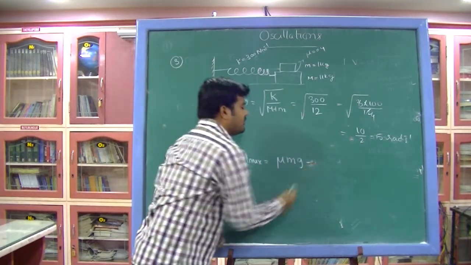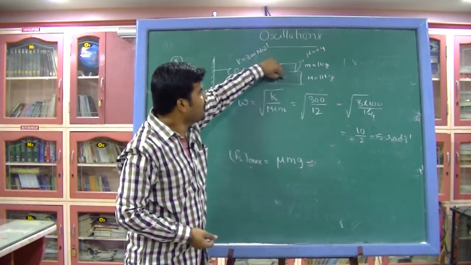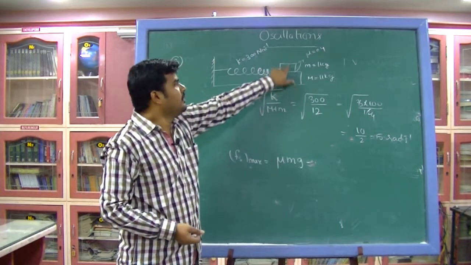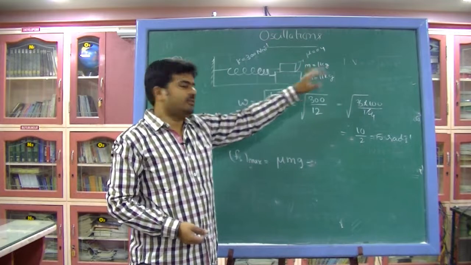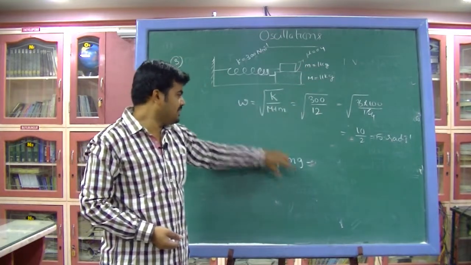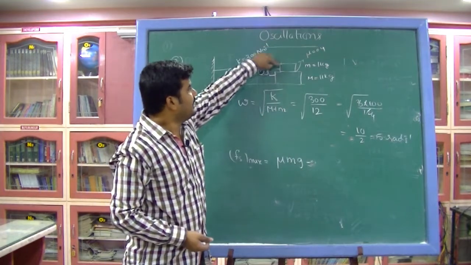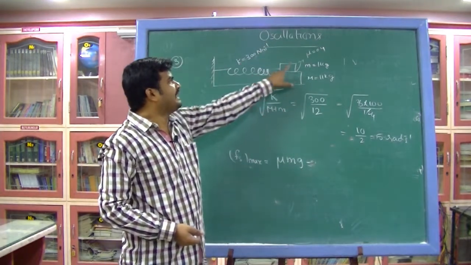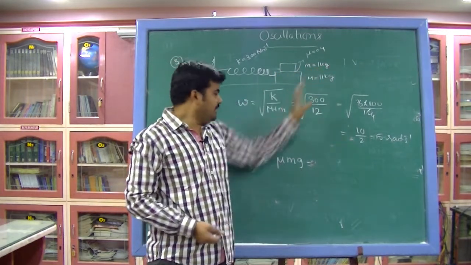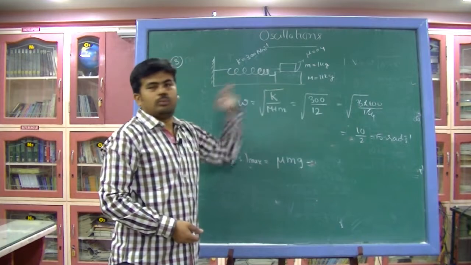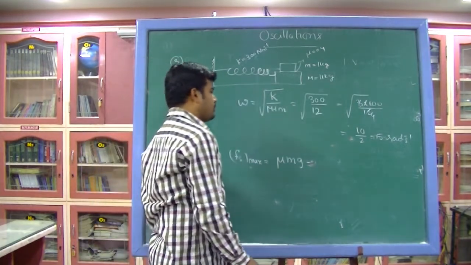This force, that is the maximum restoring force acting on small m, must be equal to the limiting friction force between the two blocks. Then only the blocks will oscillate without slipping. So, that is the condition. So, mu mg is the limiting friction, and this limiting friction force must be equal to the maximum restoring force acting on block m equal to 1 kg. Then only it will not slip on the other block. So, mu mg must be equal to the maximum restoring force.